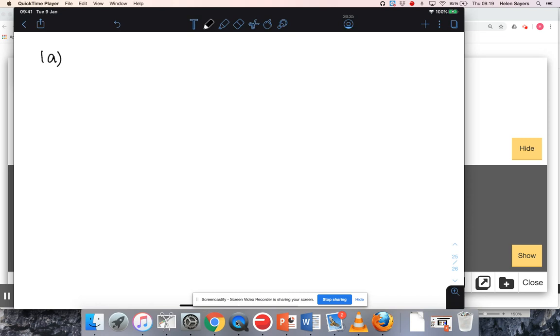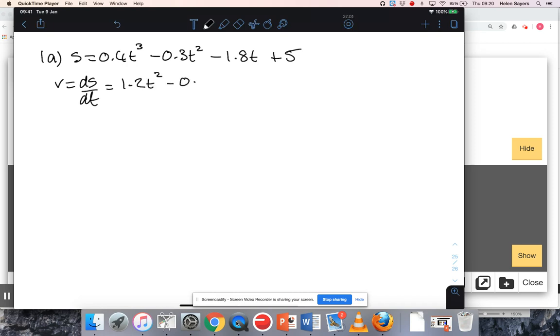So the displacement is 0.4t cubed minus 0.3t squared minus 1.8t plus 5. Okay, so I can get its velocity by differentiating displacement. That's going to be 1.2t squared minus 0.6t minus 1.8.